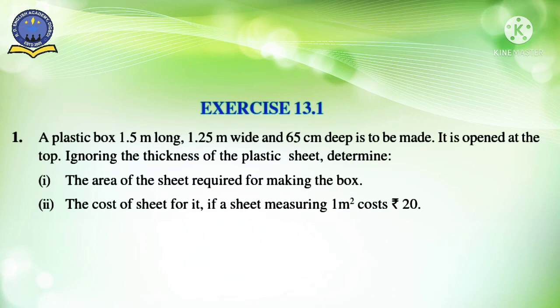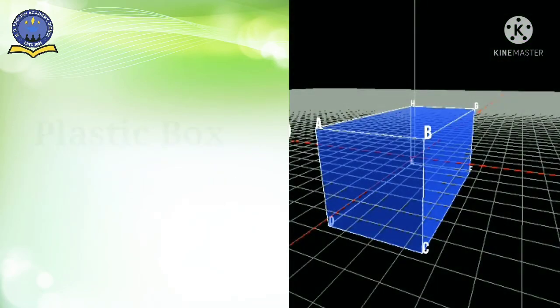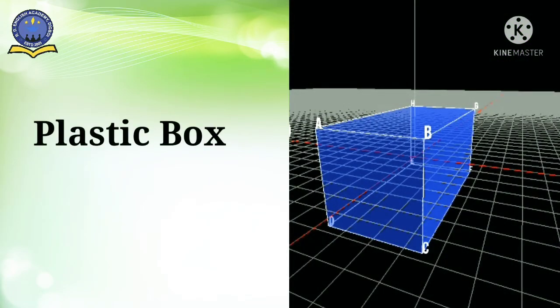In a cuboid we know there are a total of 6 faces. Out of these 6 faces, one is open. So we have to find the area of the total 5 faces. Is it clear? Let's check this with the help of a 3-dimensional diagram.